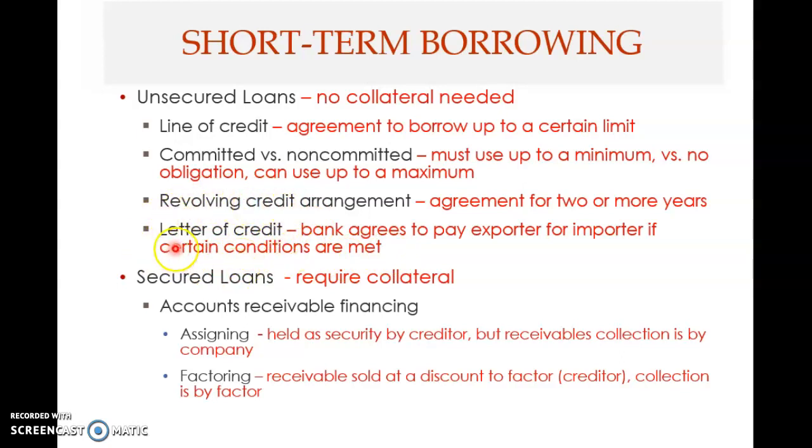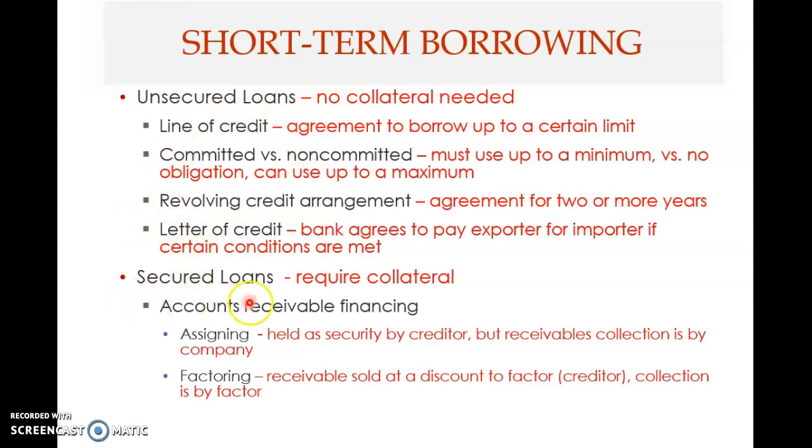It is actually a document for payment rather than for credit, but it can also be used as a document to obtain borrowing. This document is discussed in greater detail in international finance, not so much in this course, but it is a very important instrument in international trade and international finance. Alright, these are the various types of unsecured loans.